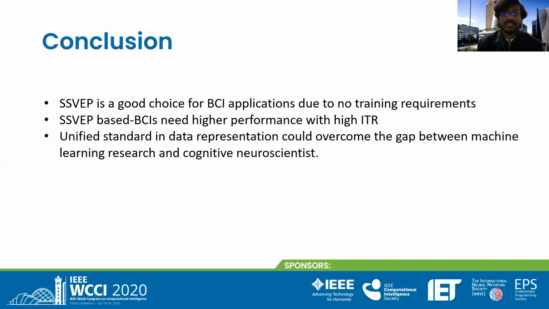And next, which is very, very important, especially for someone who doesn't have domain knowledge, is to have a unified standard of data representation, which can overcome the gap between machine learning researchers and cognitive neuroscientists.